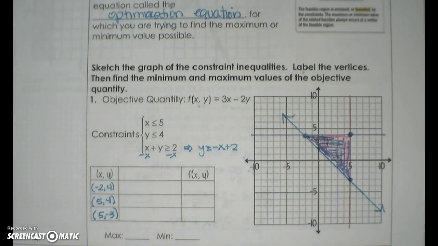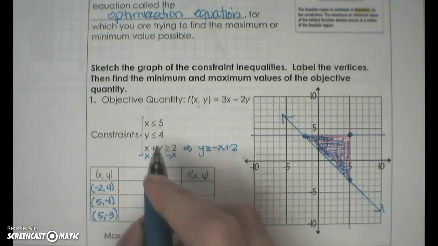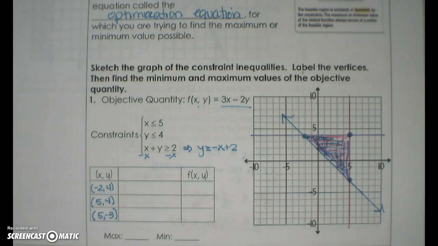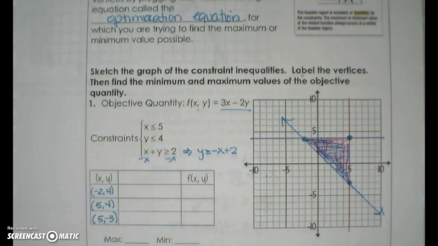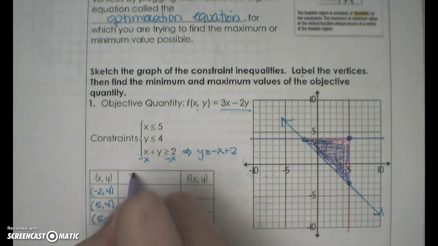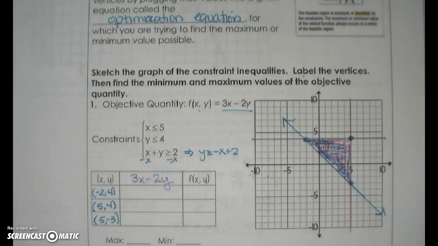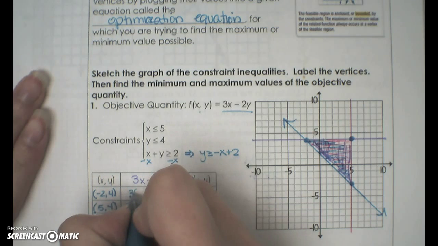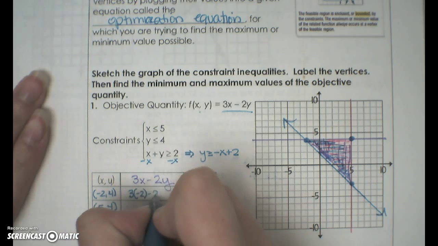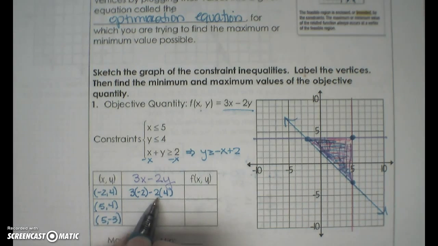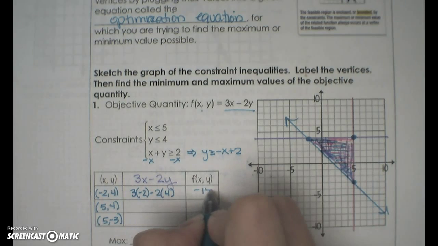Oh, fire alarm. All right, so we're going to plug this into our equation there. I'm going to go ahead and rewrite that up here just so that we have it. 3 times negative 2 minus 2 times 4. And what do we get? Negative 6 minus 8, negative 14.